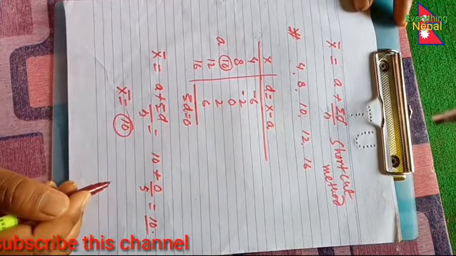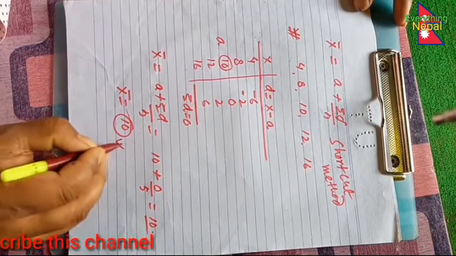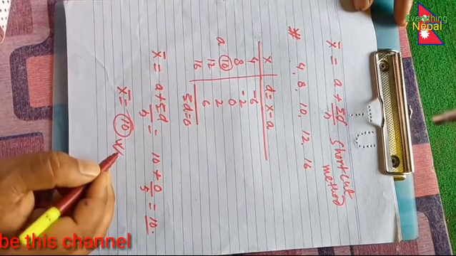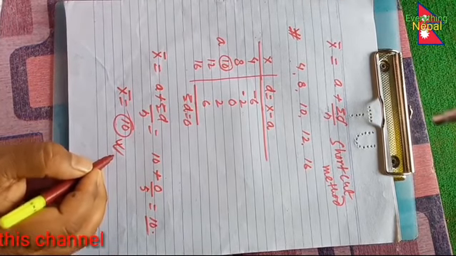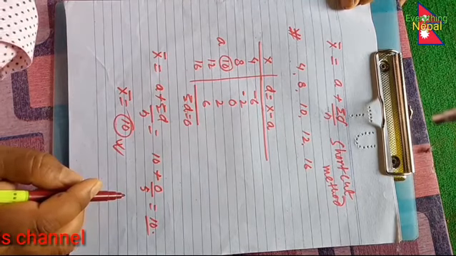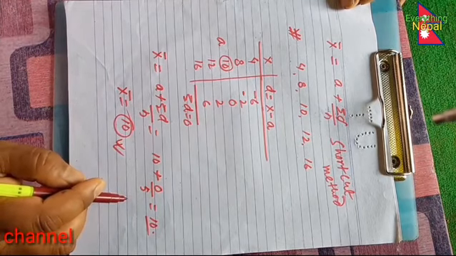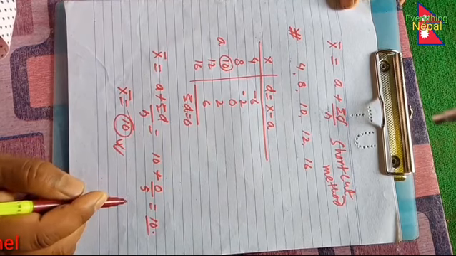So in either case, we have got the arithmetic mean as 10. In this way, we can obtain the arithmetic mean in case of individual series by both of these formulas, that is shortcut method and direct method.